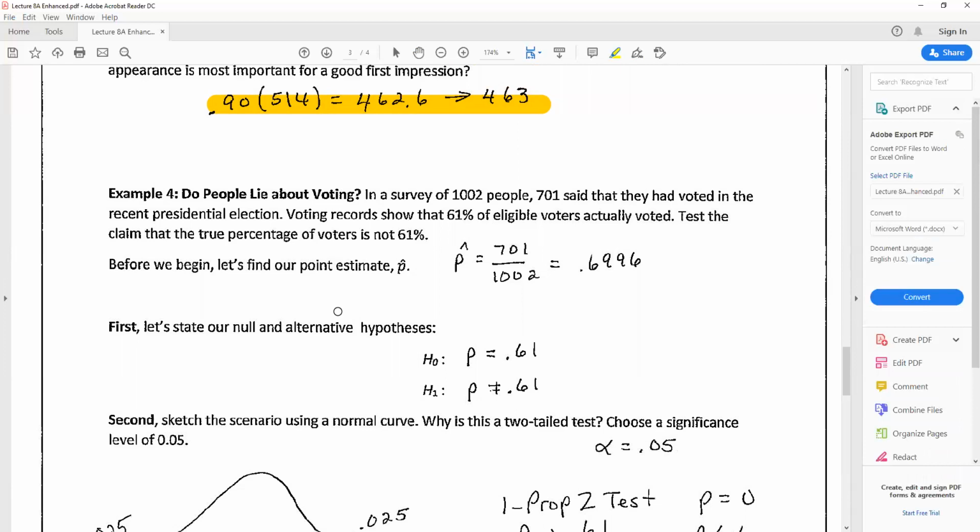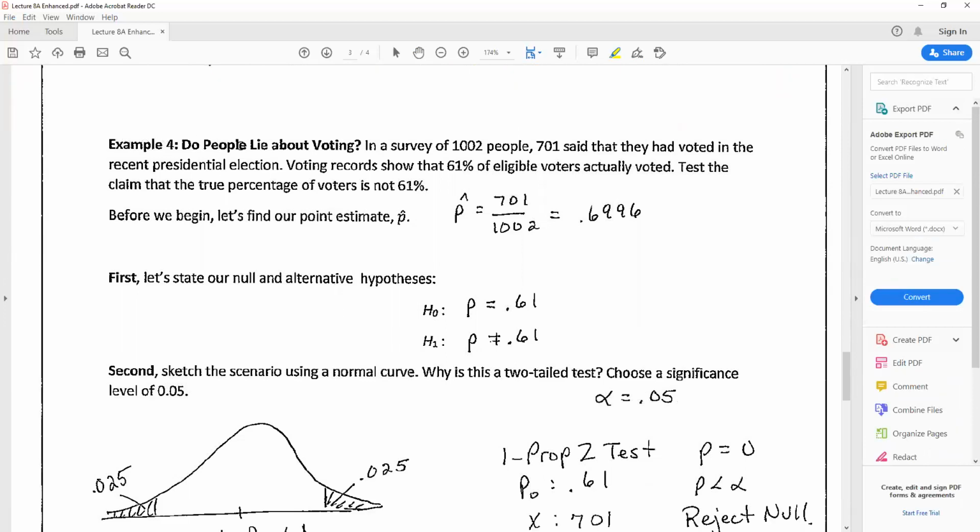Example 4, do people lie about voting? So we did a survey of 1,002 people, and 701 said that they had voted in the recent presidential election. Voting records, however, show that 61% of eligible voters actually voted. Tests claim that the true percentage of voters is not 61.